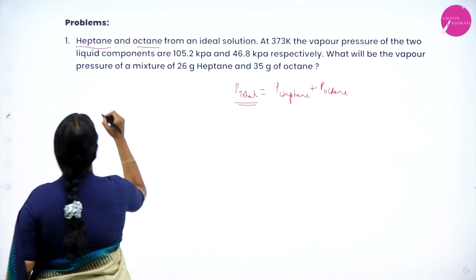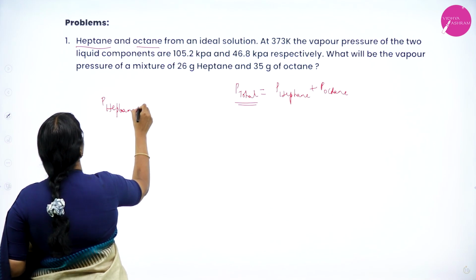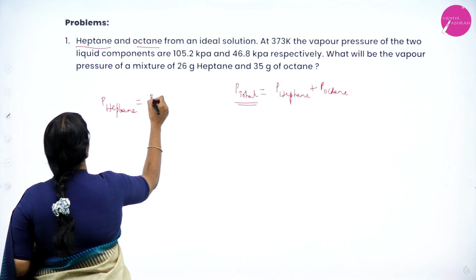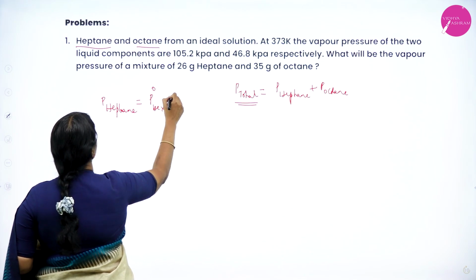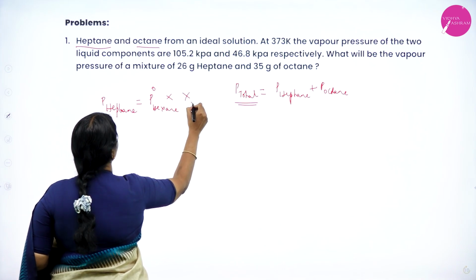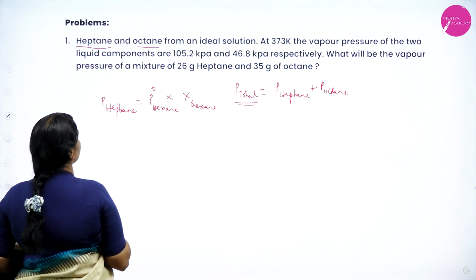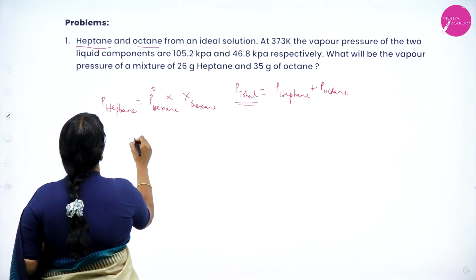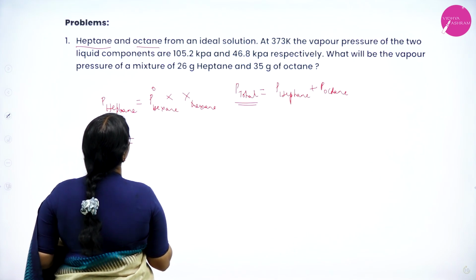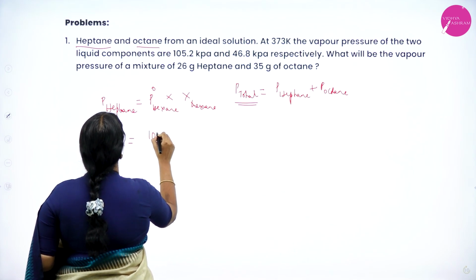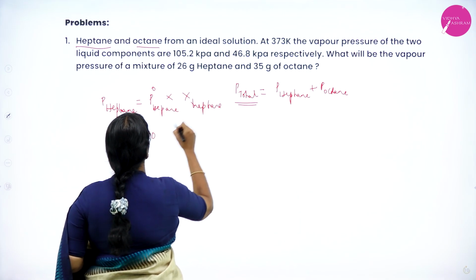How can you find the partial pressure of heptane? It is given by P naught of heptane into the mole fraction of heptane.